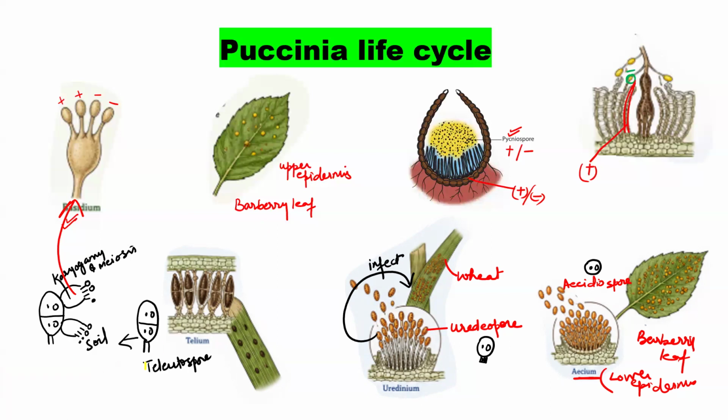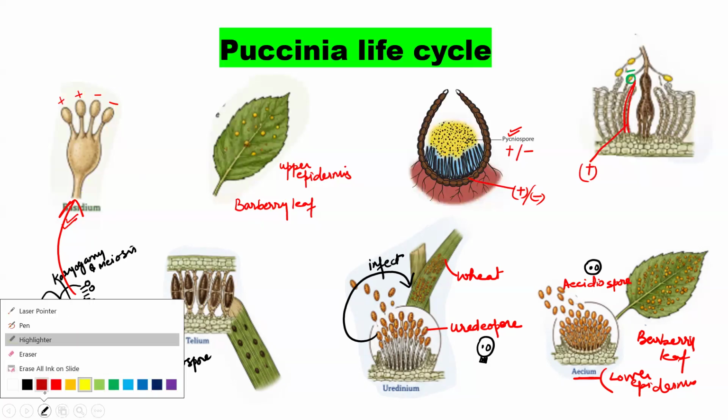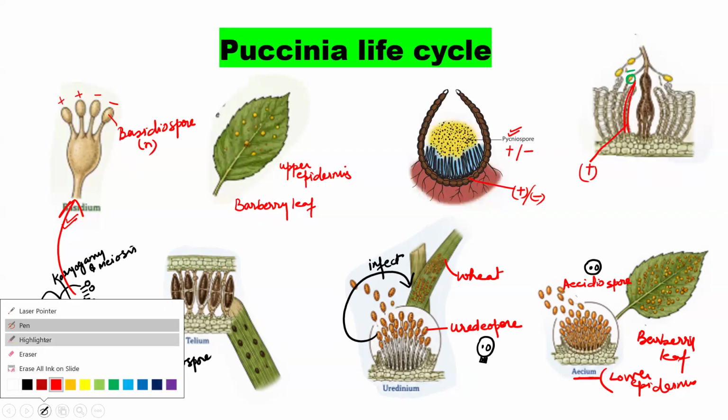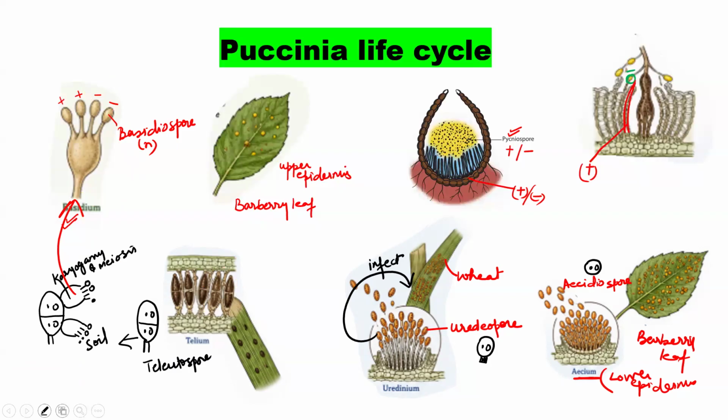You will find that first of all these are your basidiospores. First, we have started with the basidiospore labeling. This was basidiospore, ploidy is n, which is infecting the barberry leaf. Clear, beta? So please understand this is a basidiospore. Ploidy is n, made in the soil, infecting the barberry leaf, and on the barberry leaf they are making pycniospore, which is again ploidy n, monokaryon.